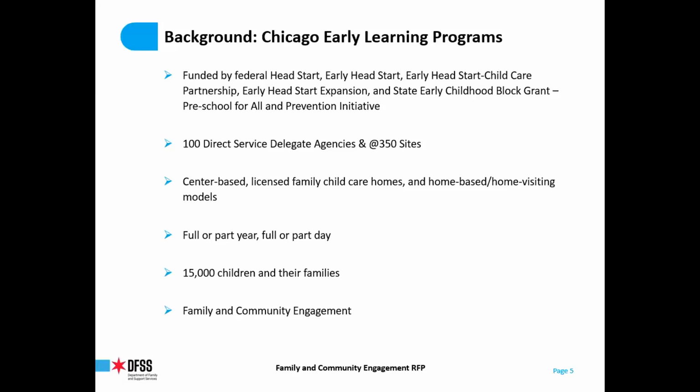This is from the understanding that parents are children's first teachers, that parents will be with that child through a lifetime, and that by providing the parent with support to develop their self-efficacy, their leadership skills, and things like that, they'll be able to advocate for their children and their communities, not just right now while their child is in early learning programs, but as that child goes through elementary and high school years, etc. So this RFP is especially concerned with that family and community engagement, parent development piece, as well as grassroots recruitment activities. Next slide.